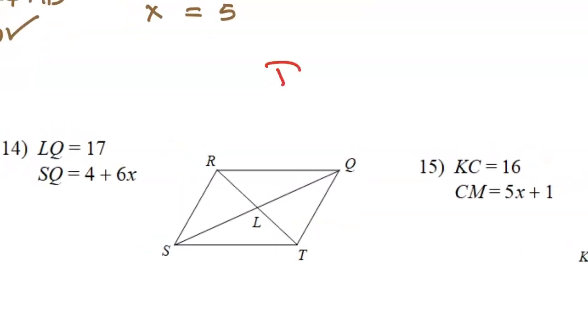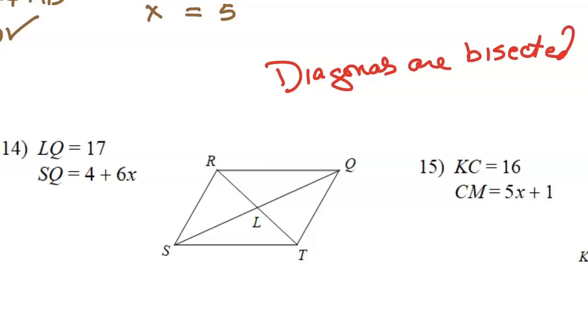These are diagonals. Diagonals are bisected, cut into equal parts. They are not equal. Okay, what have I been given? LQ. From here to here, that value is 17. Then they gave me SQ.